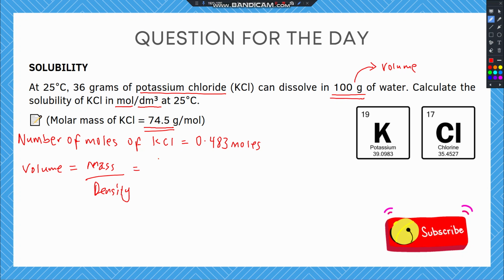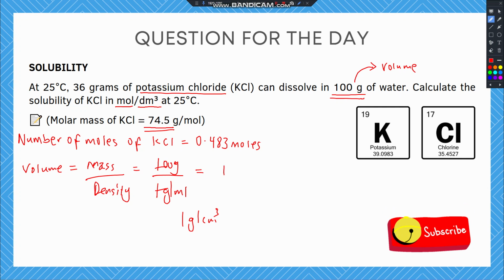The mass of water here was 100 grams. The density of water is 1 gram per mL or 1 gram per cm³, whichever one you choose. So when we do the division, the volume of water now becomes 100 cm³. You can use 100 cm³, or you can say 100 mL, whichever one you choose.